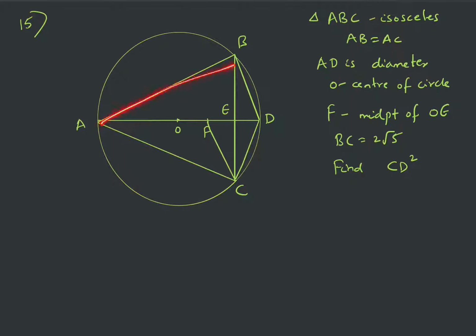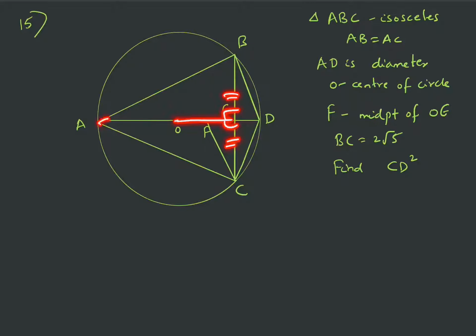First of all, since this triangle is isosceles and this is the diameter, if I draw a perpendicular from O to the chord, this would be 90 and this would bisect it. Since this is an isosceles triangle, this will definitely pass through A, because the perpendicular from A to this chord also bisects it, and the perpendicular from O to this chord also bisects it.